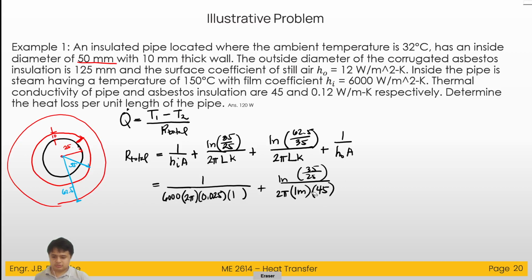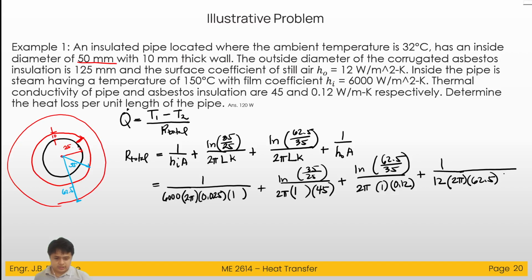And then plus you have ln 62.5 over 35, and then you have 2 pi L k, with k as 0.12. And then 1 over ho, so we have 12, and then 2 pi r L, where r here is 62.5 and the length is 1 meter only. I forgot to convert this, so 0.0625.